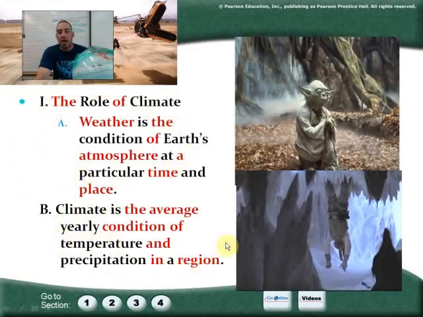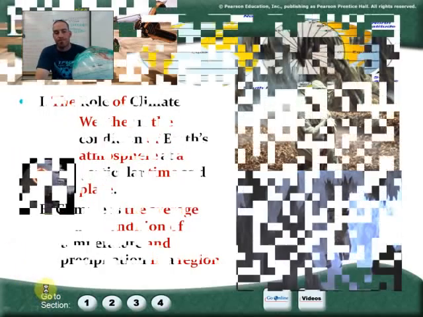And then if we look at it over the course of an entire year, then we would expect what the climate would be. So the climate on Tatooine is a warmer temperature with very little precipitation, and the weather right now outside looks like it's partly cloudy if you look up here.